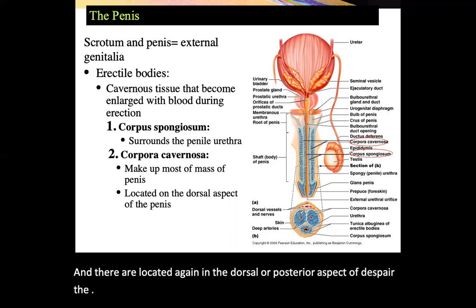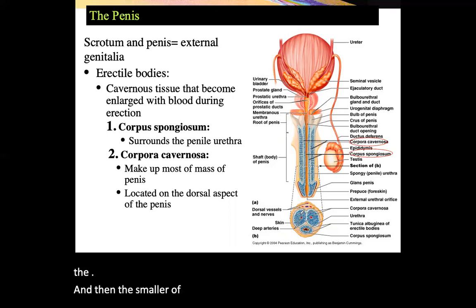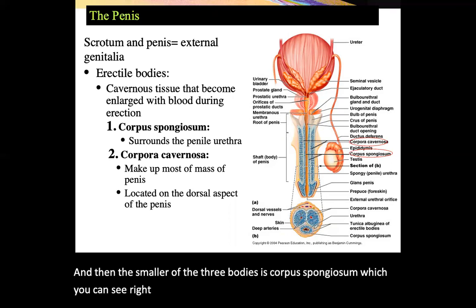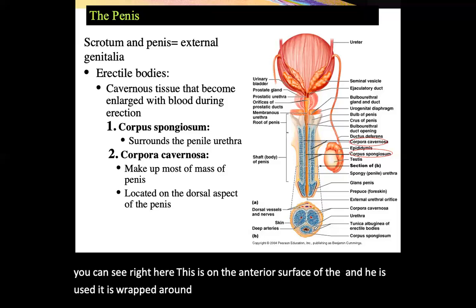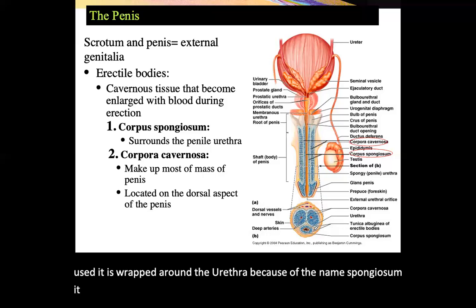And then the smaller of the three bodies is the corpus spongiosum, which you can see right here. This is on the anterior surface of the penis, and it is wrapped around the urethra. Because of the name spongiosum, it also gives the urethra the name spongy urethra.